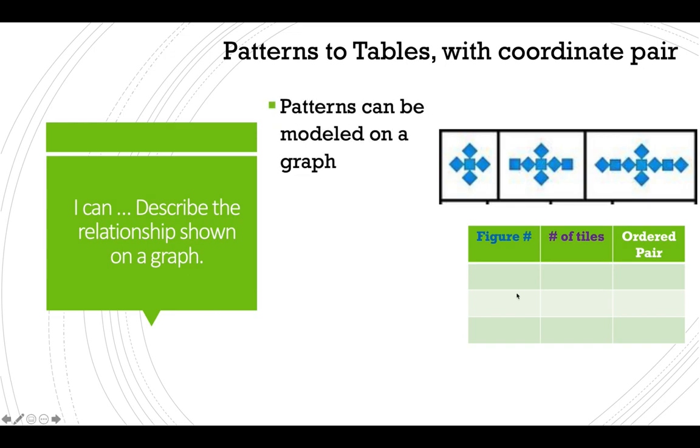Okay, so patterns can be modeled on a graph. So this is why we took that little break at the end of last week to go on to how to write ordered pairs, because now what we're doing is figuring out how graphs relate to patterns.